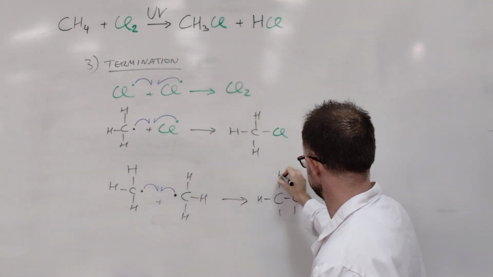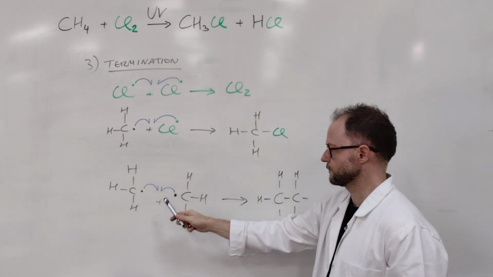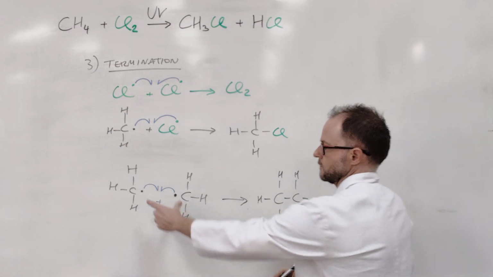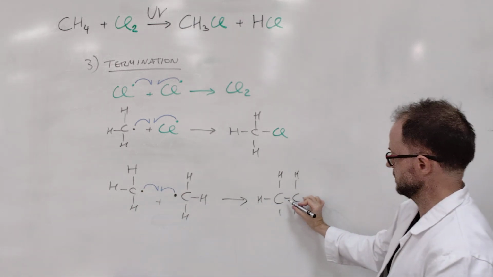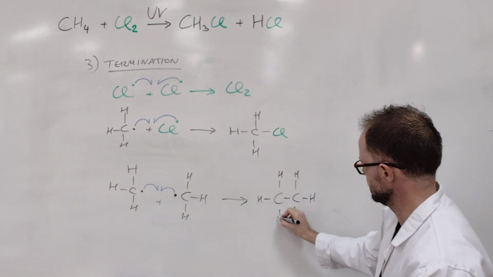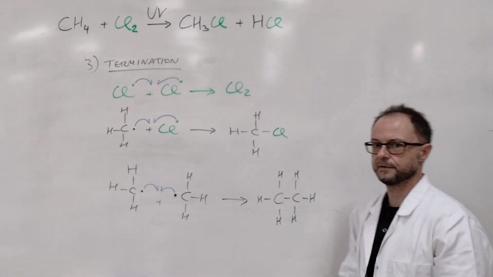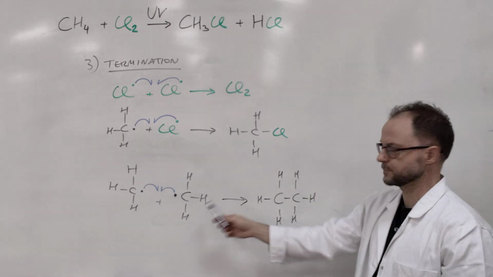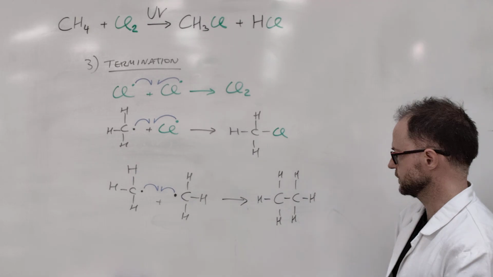Well, it's because two methyl free radicals, when combined together, form a single bond between themselves and make ethane as one of the trace byproducts. This one they do like to ask quite often in the tests.